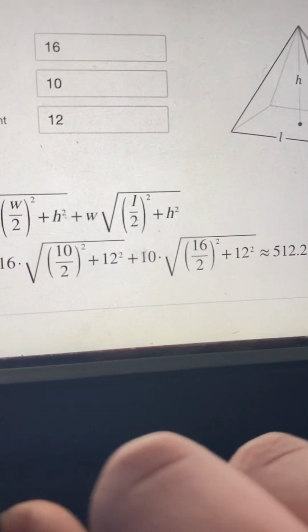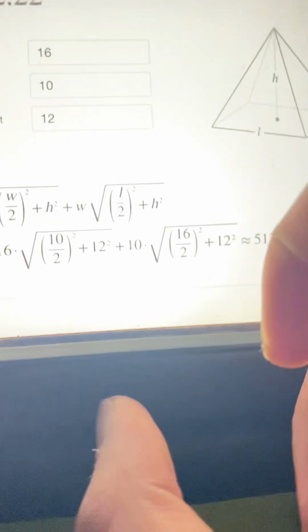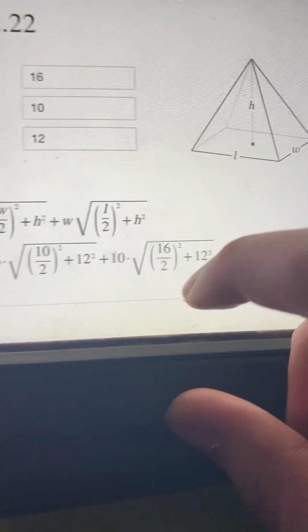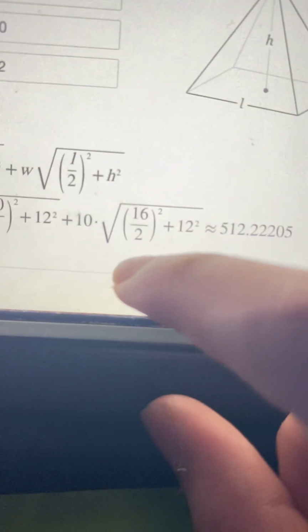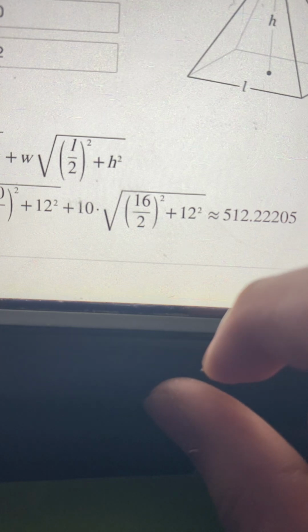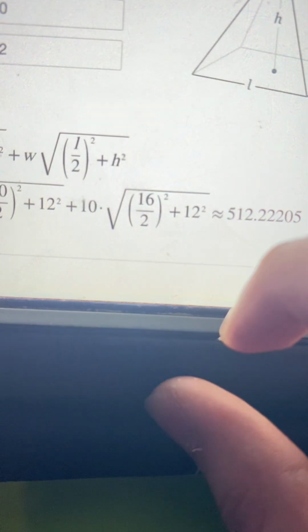So 176 plus 13 is 189. Then we multiply 189 by 8 squared, which is 64, because 16 divided by 2 is 8. 64 plus 144 is 208, but we don't know the exact square root of 208.